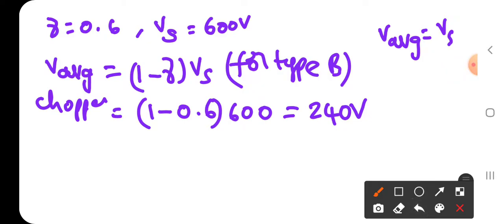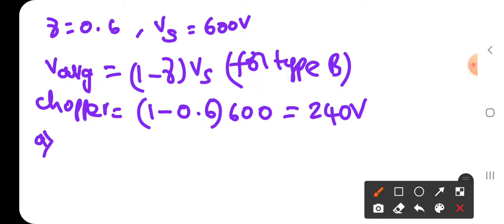The difference is there. Okay, 240 volts. Now, what is the next one he asked?